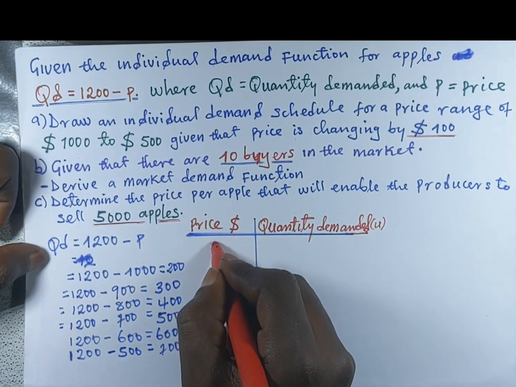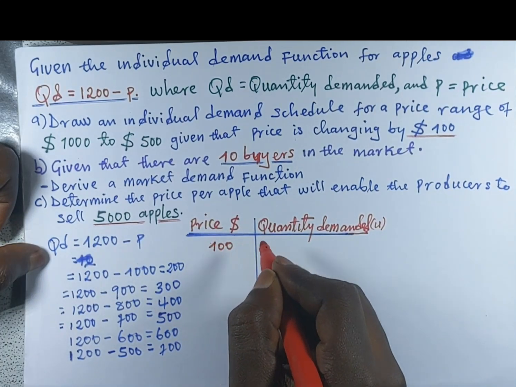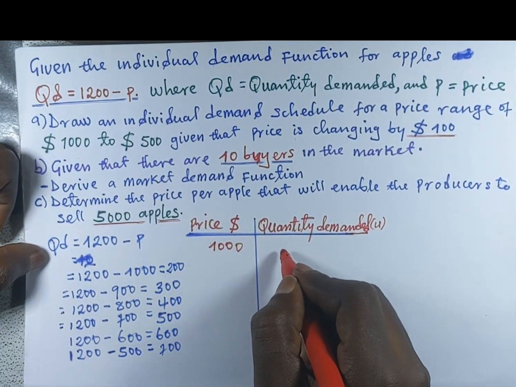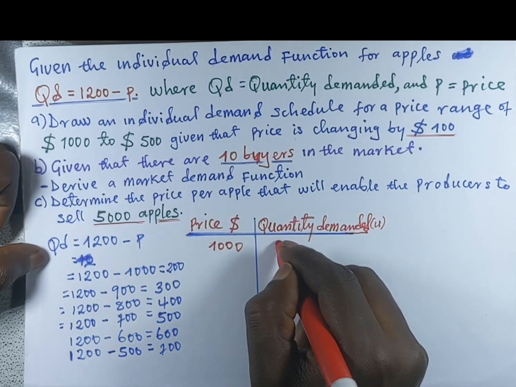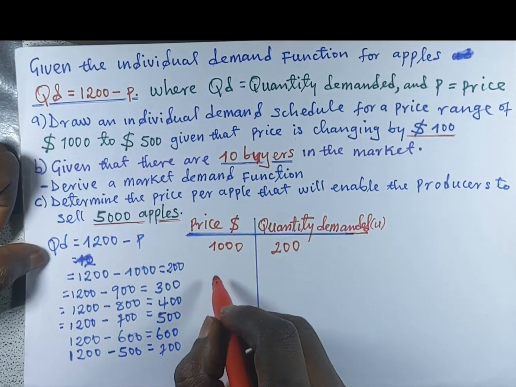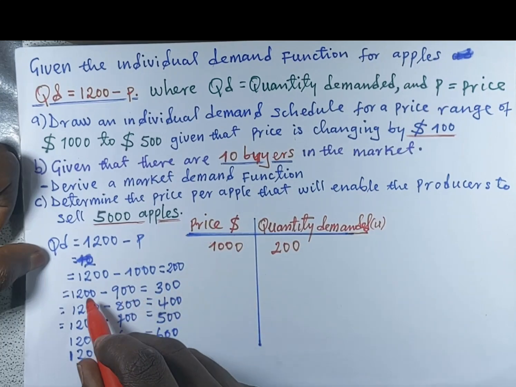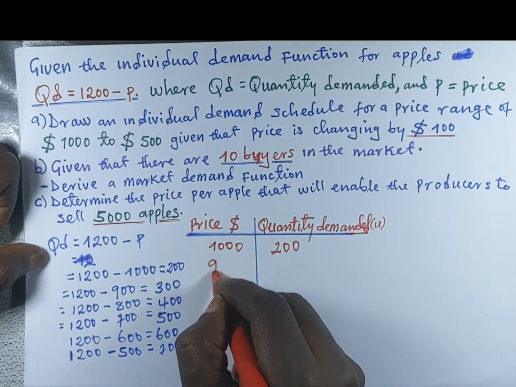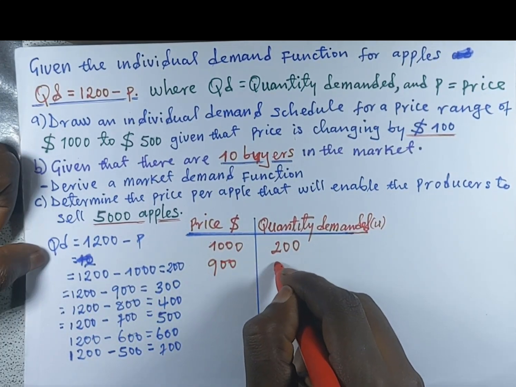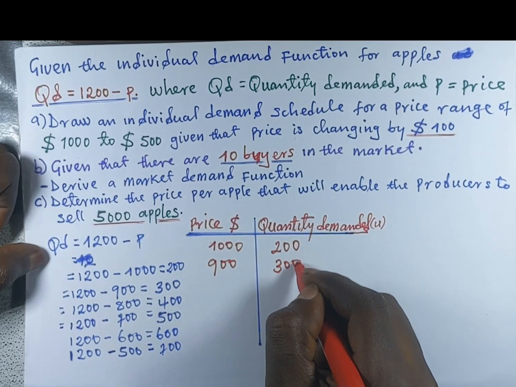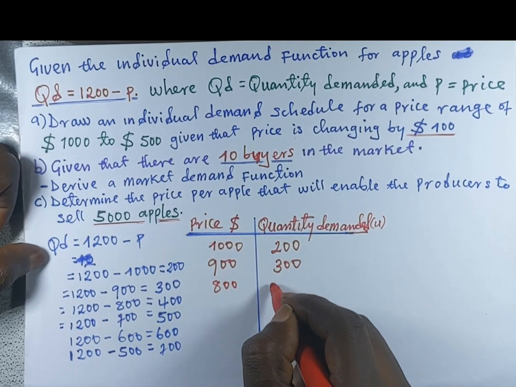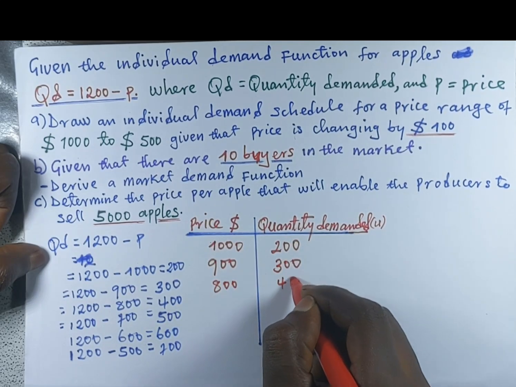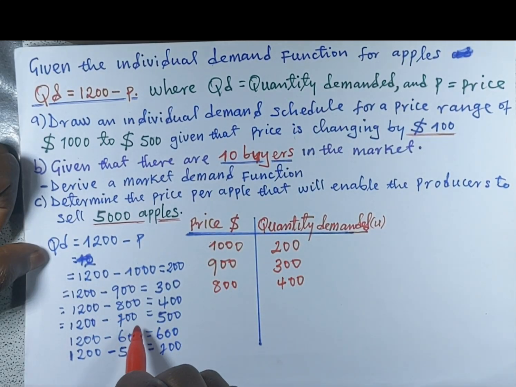Let's say at the price of 1000, the quantity demanded was 200. So we are going to have 200 units here. And the second one, when price is 900, the quantity demanded is 300. And again, when price is 800, quantity demanded is 400.